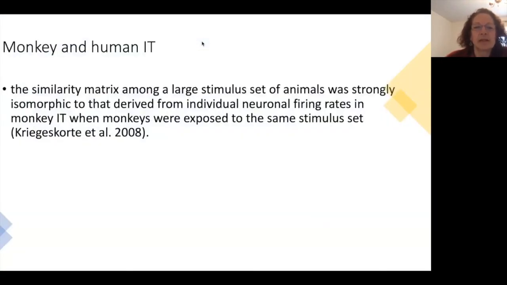So one way to illustrate that is by looking at studies of the relationships between monkey and human inferotemporal cortex. In this study, Kiani looked at the ways in which single cells in monkey cortex respond to a variety of visual stimuli, and classified those according to their similarity amongst each other in terms of individual cellular firing patterns.